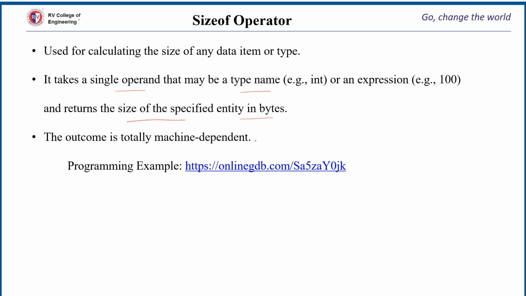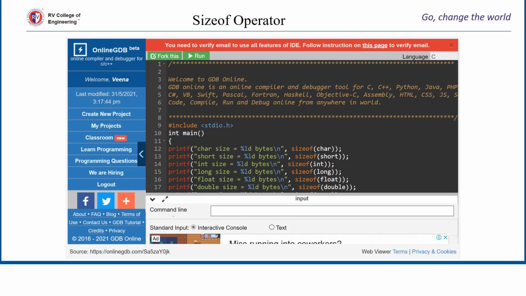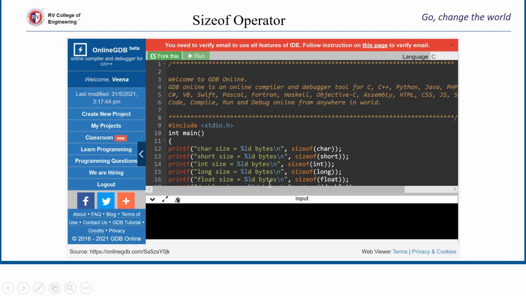And one thing you have to remember, the return value of sizeof is totally machine dependent, whether you have a 32-bit machine or a 64-bit machine. Okay, we'll just have a look at one example here. I have taken the size of all the data types. We'll just run this program to check the output.